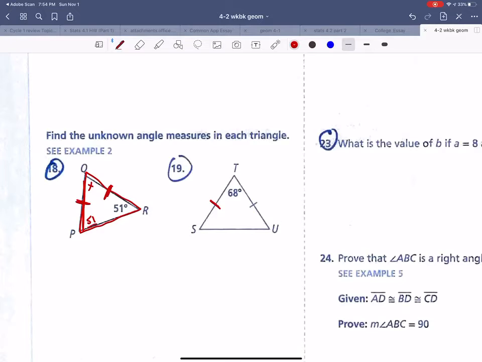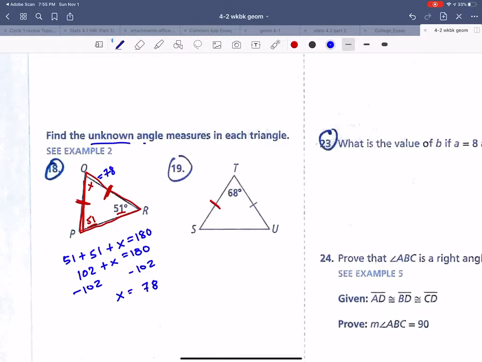So there's 2 equal angles, and that other angle is different. So we have 51 plus 51 plus x has to add up to 180. So that'd be 102. All right, so that would be 78.